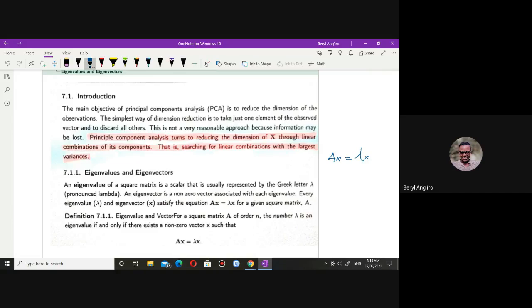So the definition of eigenvalue and eigenvector: for a square matrix A of order n, the number lambda is an eigenvalue if and only if there exists a non-zero vector X such that this equation is satisfied.